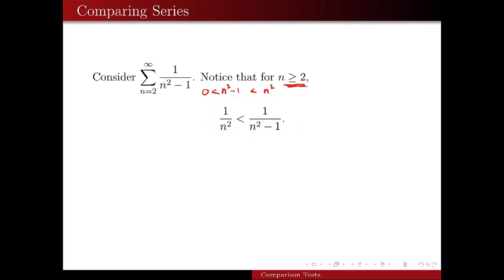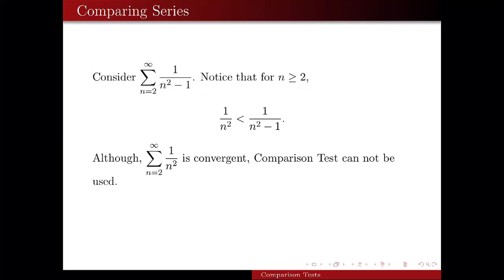Okay? Now, we know that this is convergent. Again, we've seen that. We've proved that. Actually, we proved that because of the p-series. But I will show you a nice way of proving this series here.